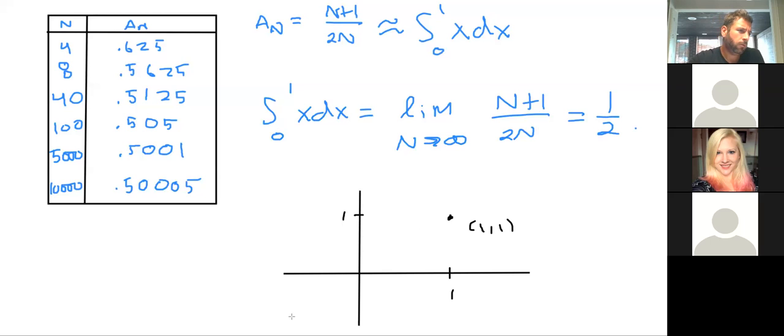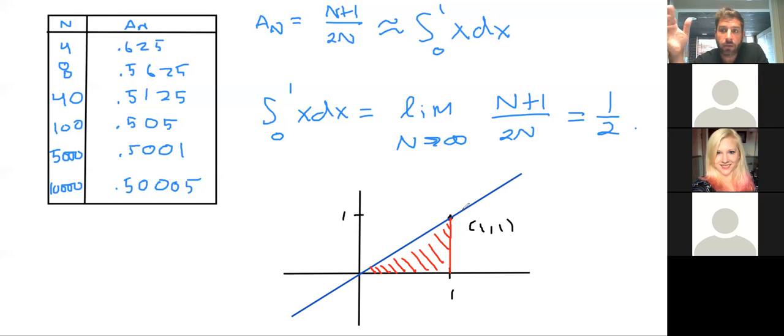And so if I draw this line and I look at this triangle that I'm shading red, from elementary geometry, you know what that triangle's area is. It's 1/2 base times height, or 1/2.